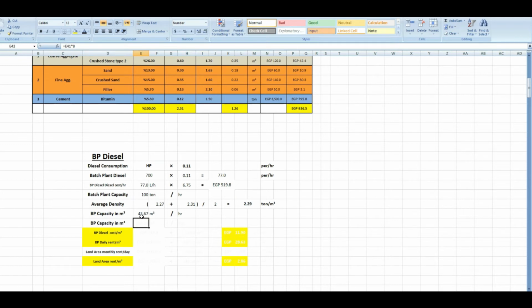It means that the batch plant giving almost 45 meter cubic per hour. So it means that 44 hours almost multiply, this is multiply 8 hours the daily work, it gives you almost 350 meter cubic per day. This is the capacity of the batch plant daily, 349 point something meter cubic per day.